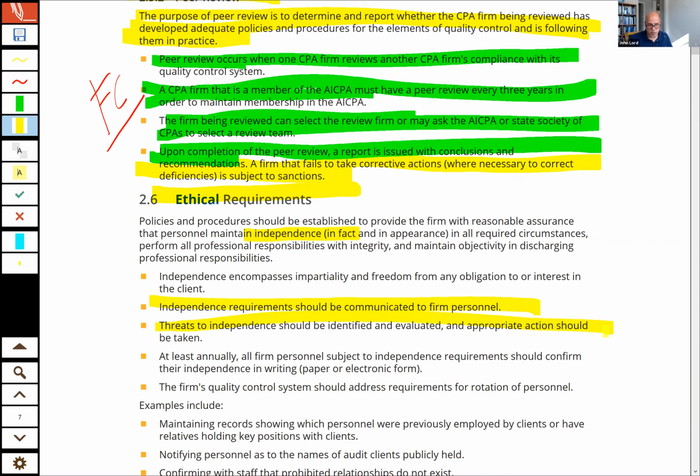Well, it gets a little harder to coordinate the independence when you have an office over here, an office over here. You would perceive that as a threat to your independence, and then you would have to address that. They say at least annually, all staff need to confirm their independence, and that can be done through a formal annual independence confirmation process. But it says at least annually.